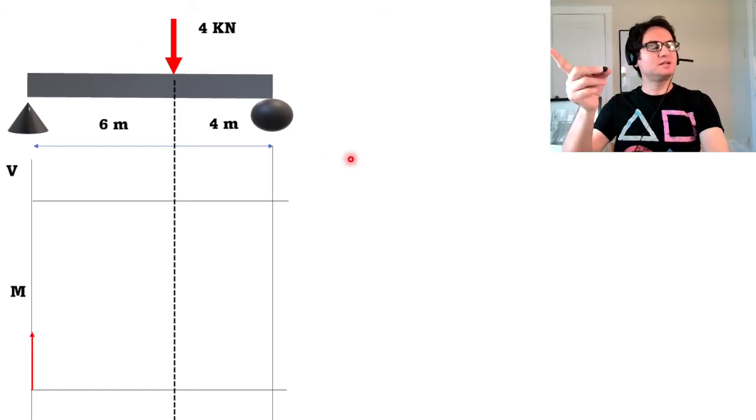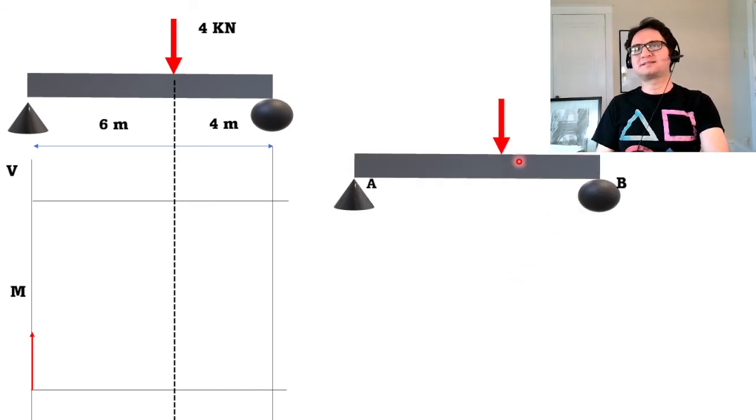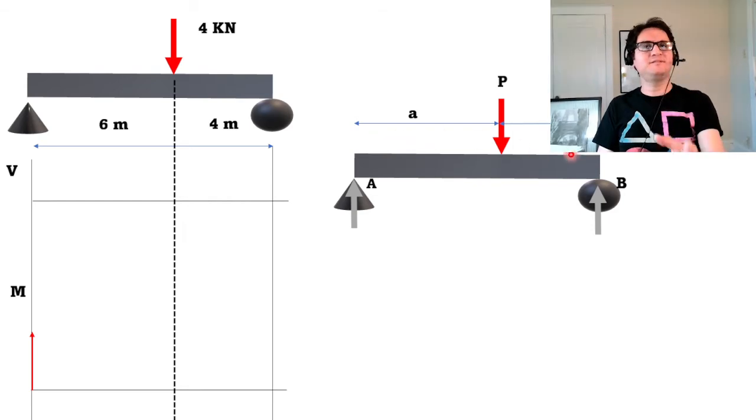Before solving it, let's solve the problem in a parametric way to see what happens to the supports. Just consider we have support A, we have support B, and we have a length of a from support A, and a length of b from the other side.